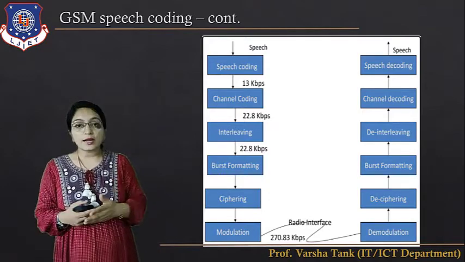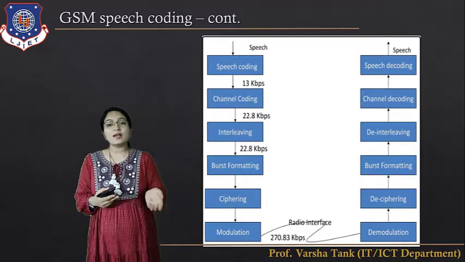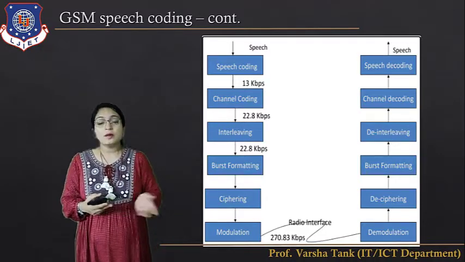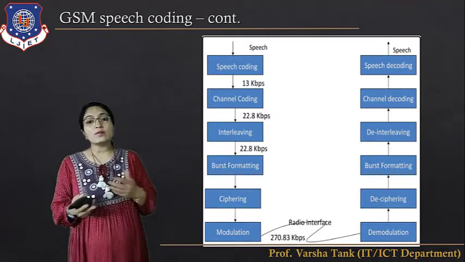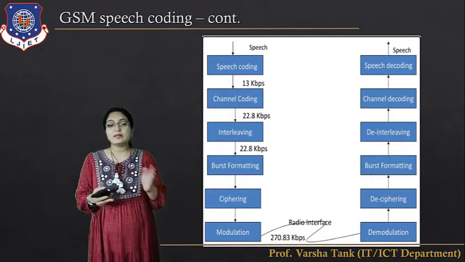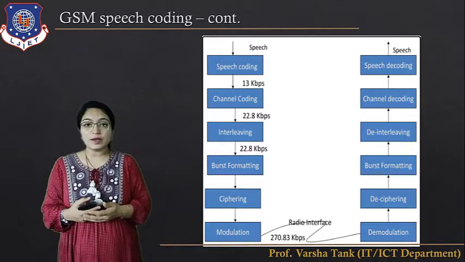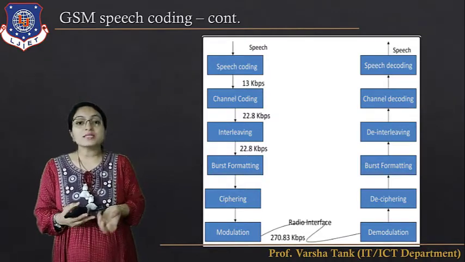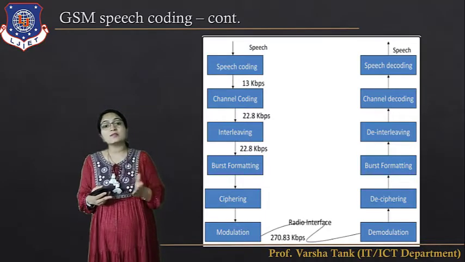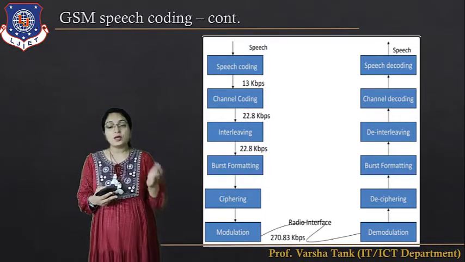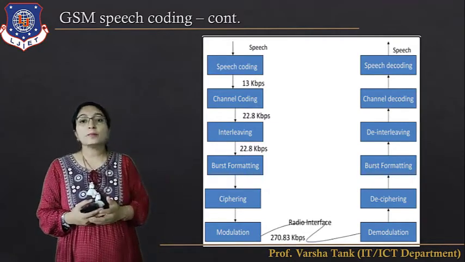Suppose ABC is your text and you convert it by adding 3 to the ASCII value of A, of B, and of C. The output is DEF, because we are adding 3 to each ASCII value. This becomes the cipher text. It cannot be understood by the receiver until and unless the receiver knows the key that is used to encrypt the data. So deciphering should also be done.